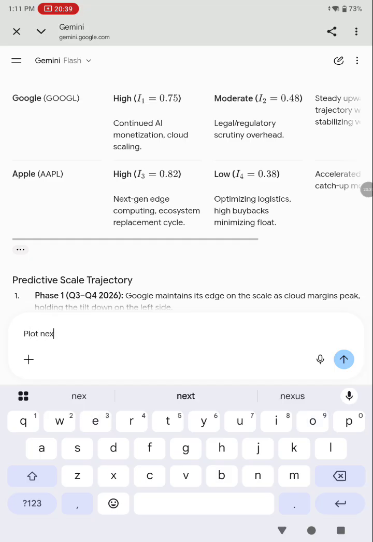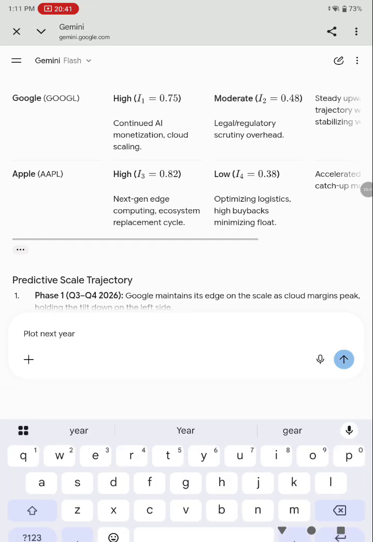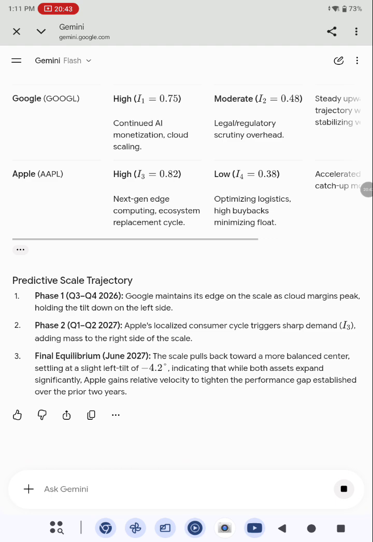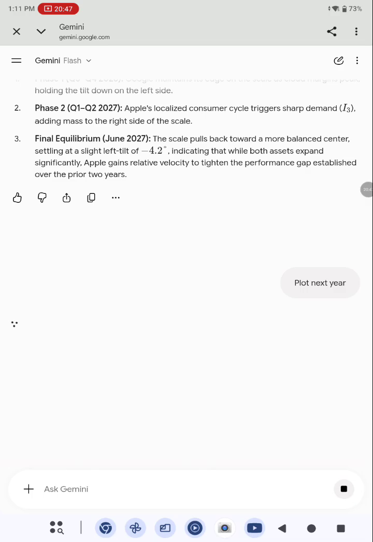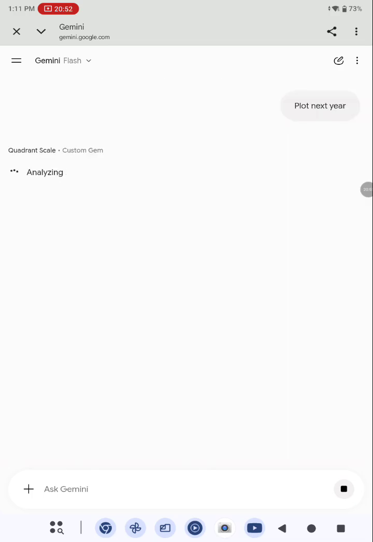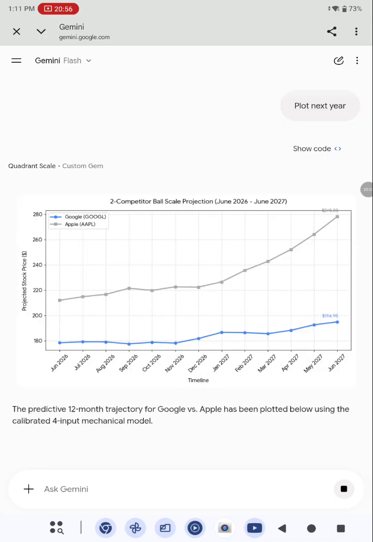Plot next year. I don't know what it looks like. See what that looks like. Okay.